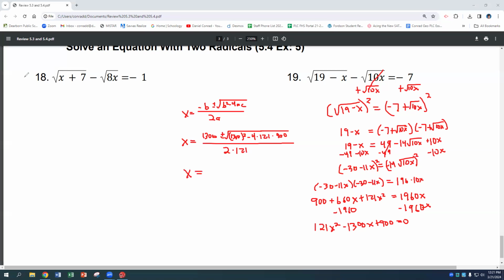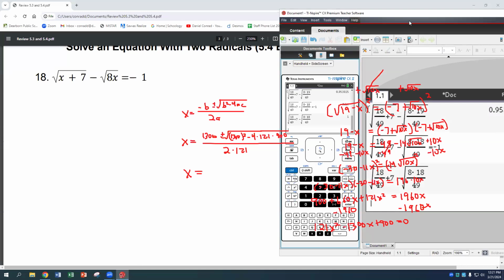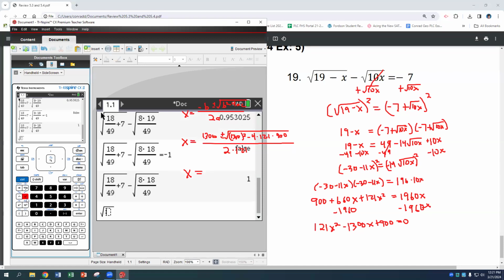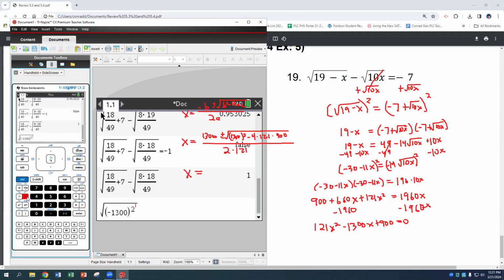And then I'm going to go ahead and just use my calculator to do the square root of the discriminant. So square root should be negative 1,300. It doesn't matter because when you square it, it's going to become positive anyways. Minus 4 times 121 times 900.